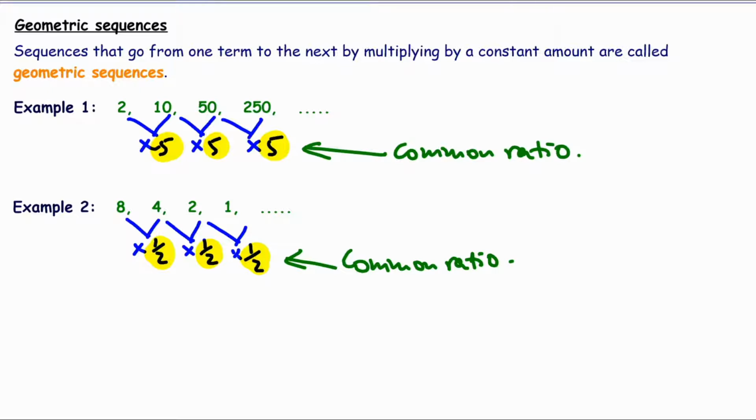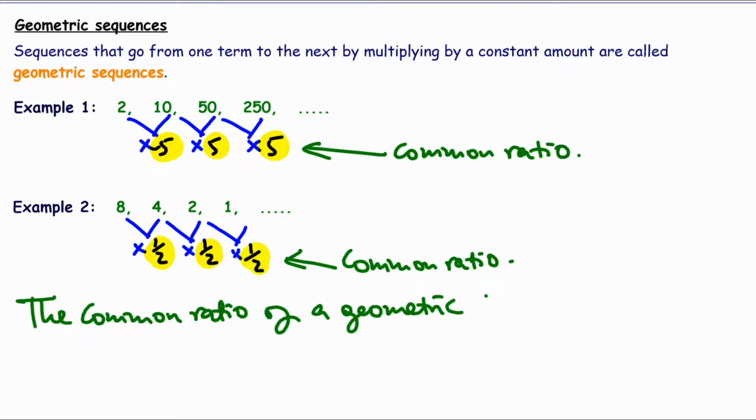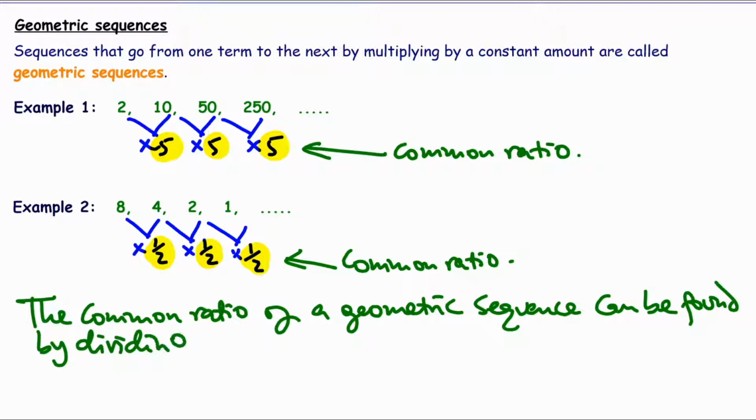So you can write this down. The common ratio of a geometric sequence can be found by dividing any term in the sequence by the one before it.